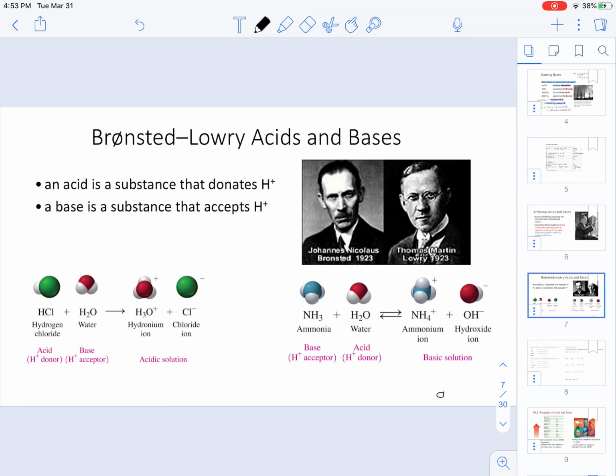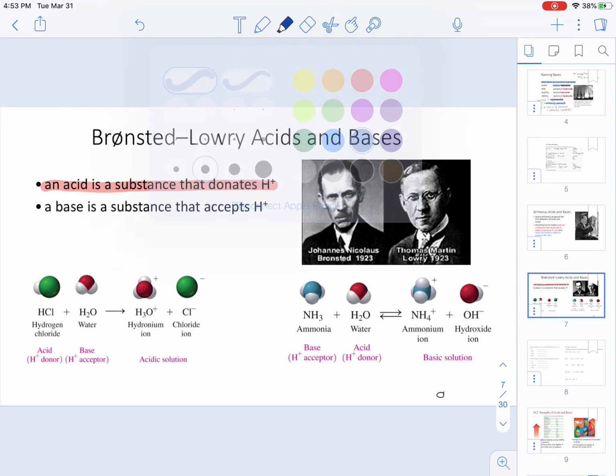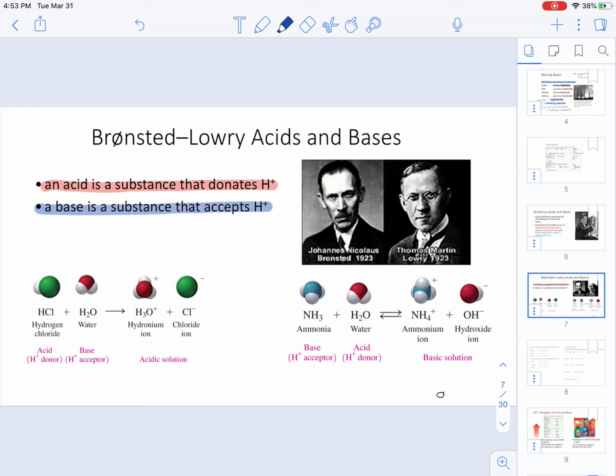That's why in many chemistry classes and even in biology, when we talk about acids and bases, they utilize the Bronsted-Lowry definition. So according to the Bronsted-Lowry definition, an acid is a substance that donates a proton, and a base is a substance that accepts a proton.